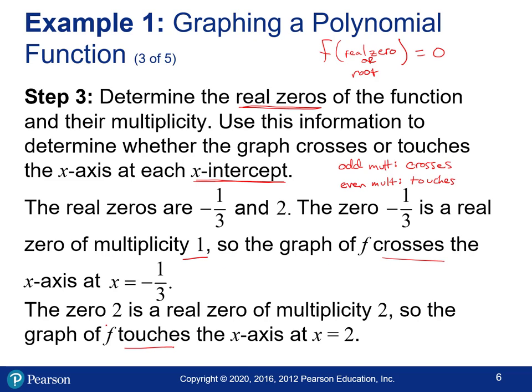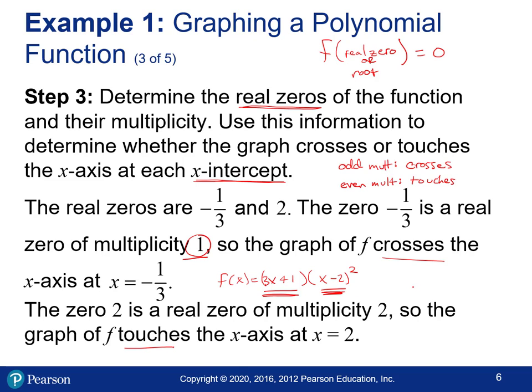Okay, so let me remind you how we know the multiplicity also. It was from our function, the way the zeros looked. So watch what happened. We had 3x plus 1 as a factor, x minus 2 squared. How many times a factor occurred was the multiplicity. So that's why it was 1. And this factor occurred twice.